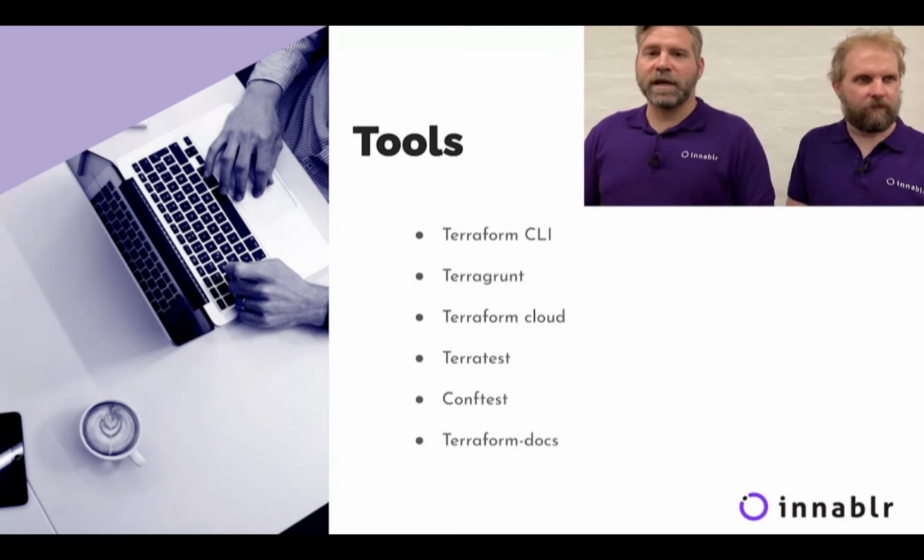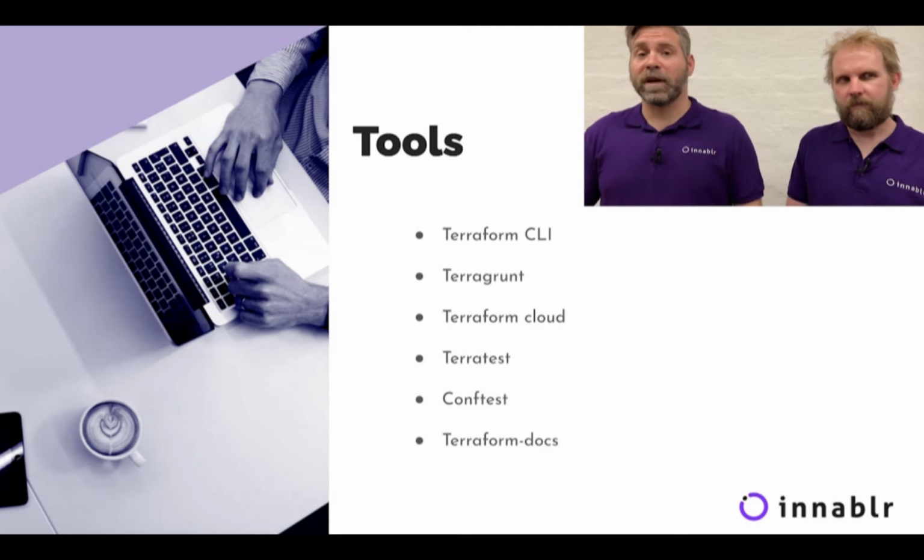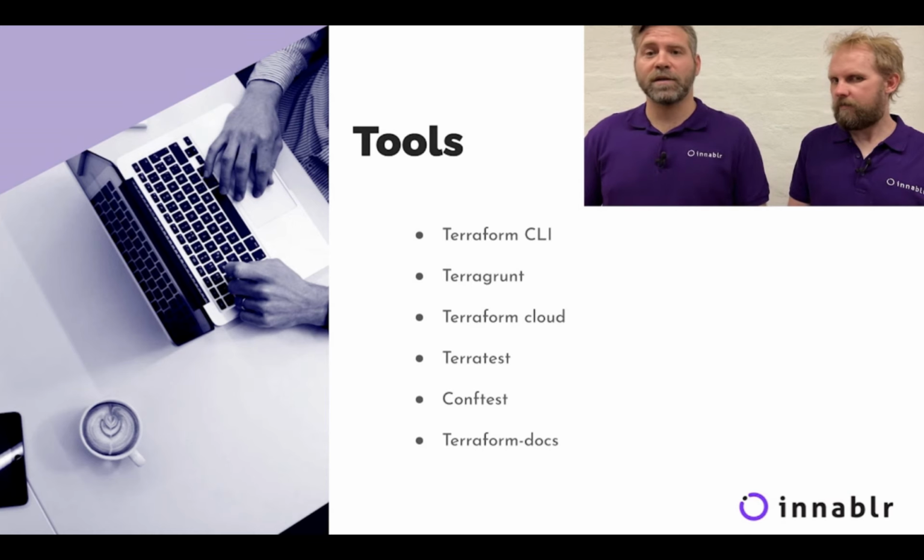Terratest is another great tool. This is for testing your code. I strongly recommend using it. Further from Terratest is Conftest. Conftest helps you do your policy as code. Conftest uses OPA, so you can write your policies in Rego and then have Conftest look at those policies and say yes or no in your deployment pipeline.